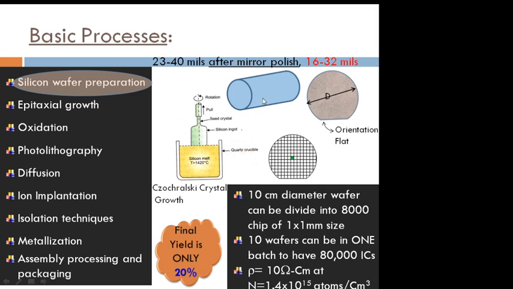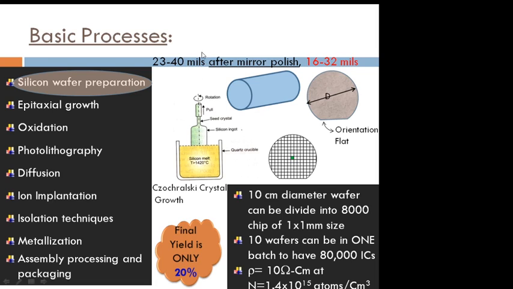This cylinder is going to be sliced for making a wafer, and the thickness of each wafer, that is, the height of the wafer, is around 23 to 40 mil. This is a new unit we are learning.